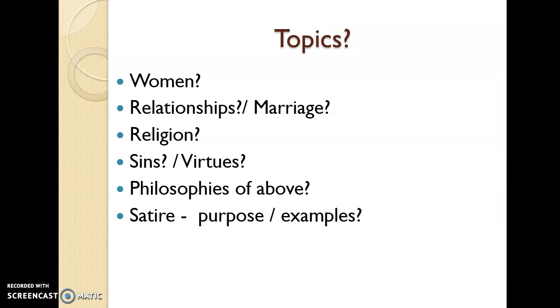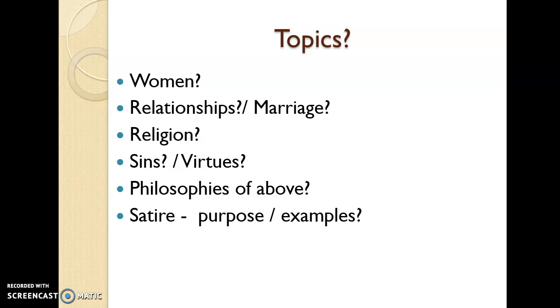So some potential topics to consider, there's a reason why there's a question mark afterwards, because these are all topics that you can consider, but these don't have to be all of the topics that are covered within the Canterbury Tales. I'm sure there's a lot of other topics that you can consider when we do our reading, but these are just some ones that you could potentially correlate the story to or think about when you're reading the story.